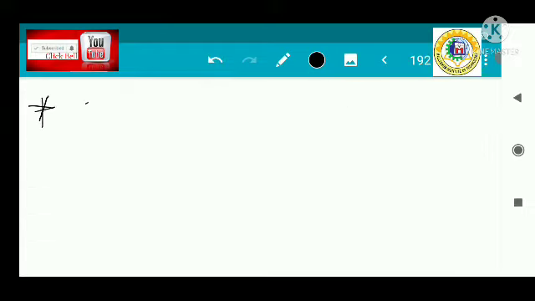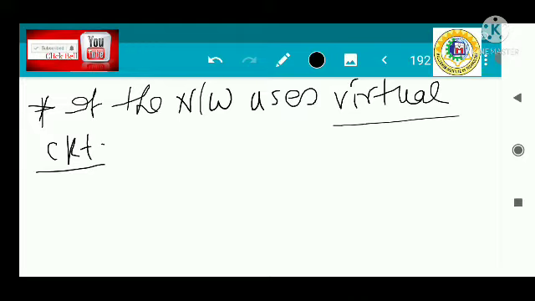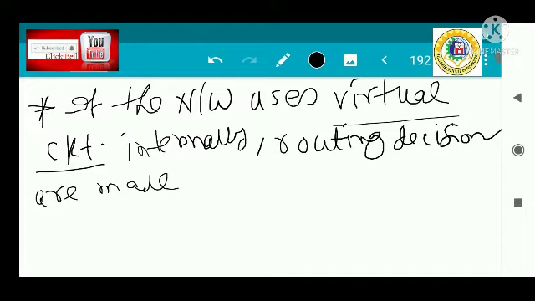Now if the network uses virtual circuit internally, routing decisions are made only when a new virtual circuit is being set up.